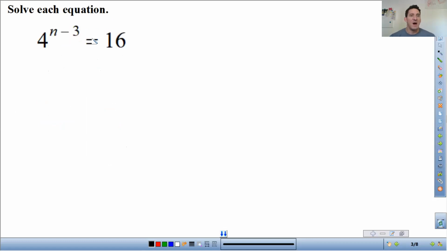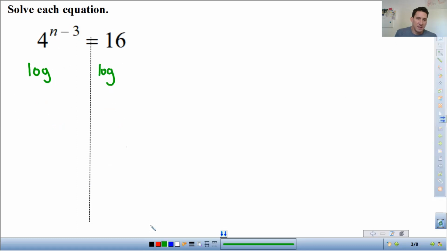So we have 4 to the n minus 3 is equal to 16. This one actually does come out to a whole number, but let's work this out. So first thing I'm going to do is take the log of both sides. So it's going to be the log of 4^(n minus 3) is equal to the log of 16.